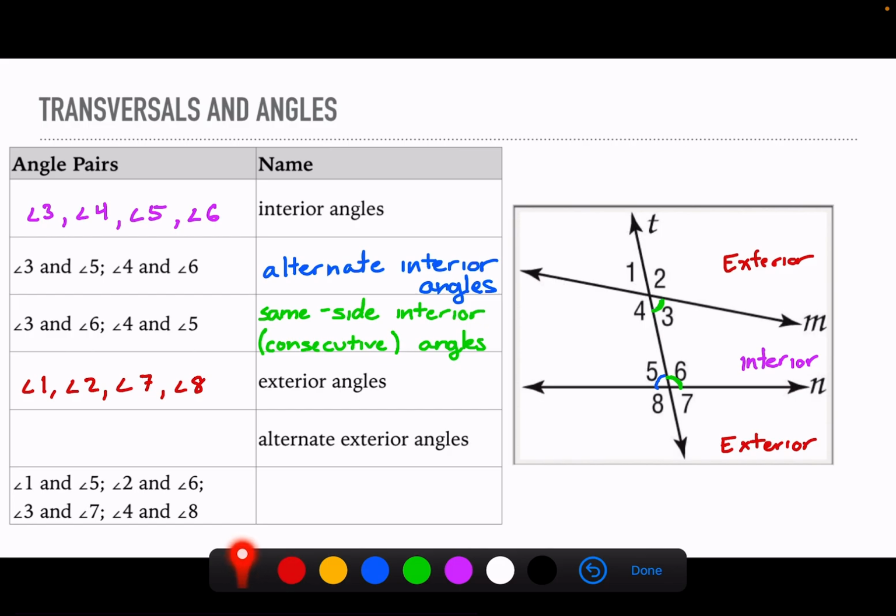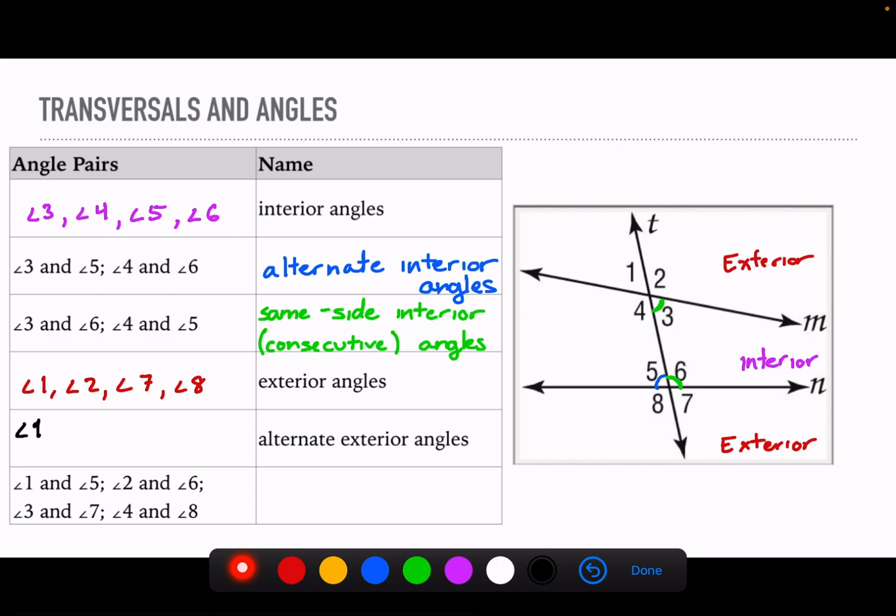Now remember when we looked at alternate interior, we were talking about 4 and 6, 3 and 5. They have to alternate the transversal. They have to switch sides of the transversal. But this time, instead of in the interior, they're on the exterior. So let's start with angle 1.